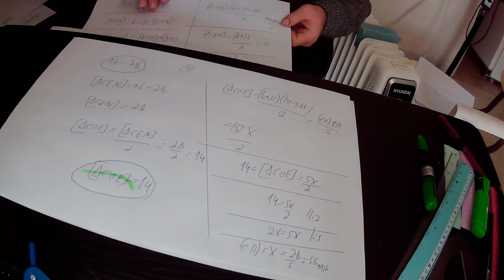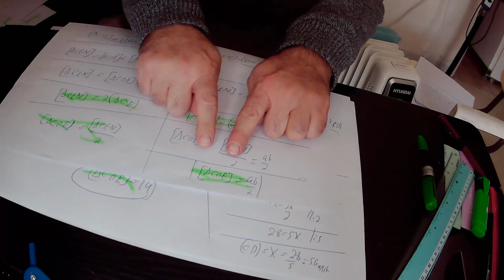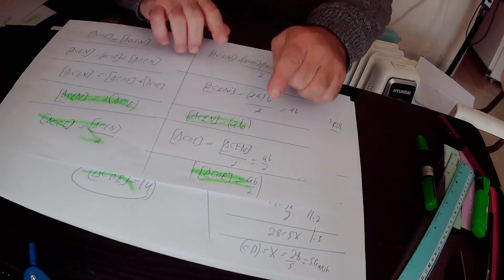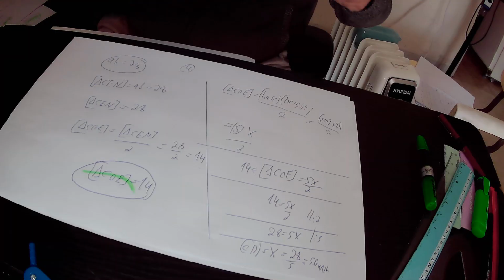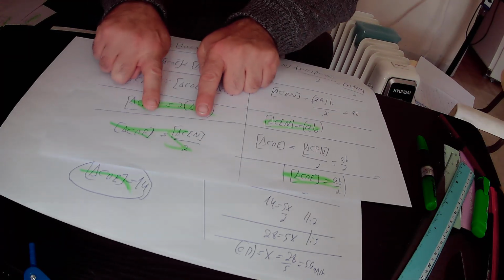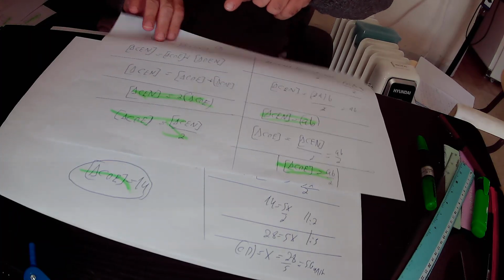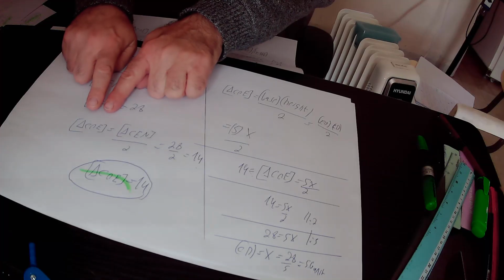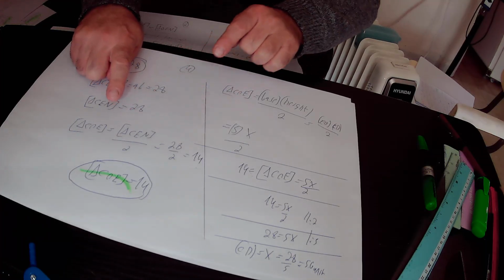We also found out that the area of the green triangle equals AB over 2. So the area of the green triangle equals the area of the big triangle over 2.